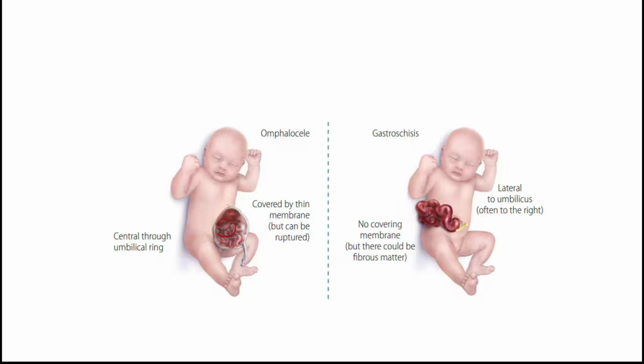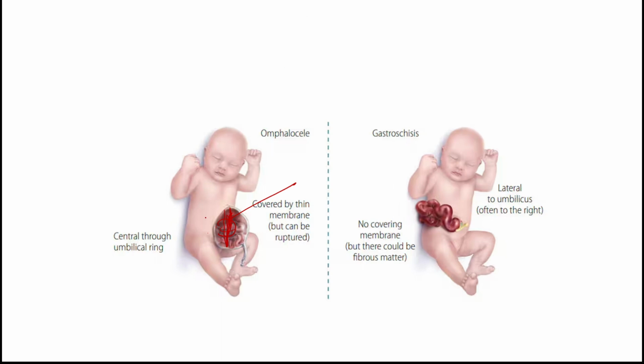Later they move in and rotate. So initially these organs are present outside, then they come through the umbilicus, and the fusion of the midline takes place. This is how the development usually proceeds.